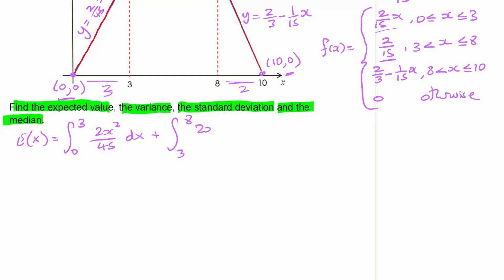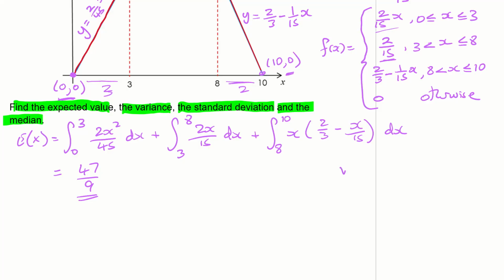So that's 2x on 15. And then the integral from 8 to 10 of x times (2/3 take away x on 15) dx. And calculating all of that gives us 47/9.